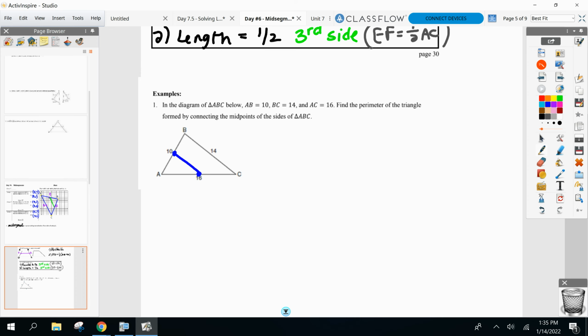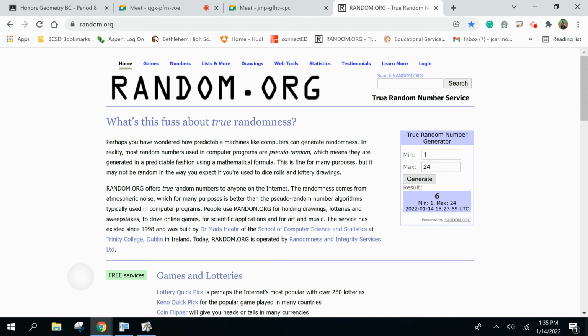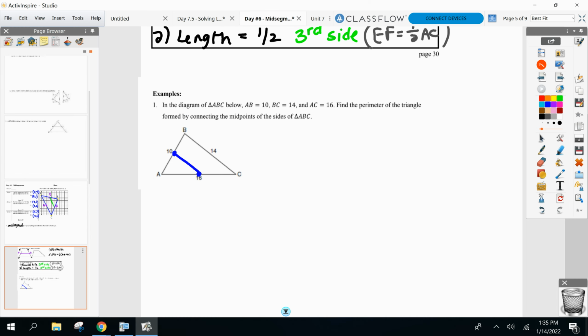Based on the property we just went over, I'm going to call on people, give a second to think. How long is this midsegment, connecting the midpoints from BA to AC? 7. Half the third side. The third side is 14. Half of it, 7. All right, let's connect AC's midpoint to BC's midpoint.